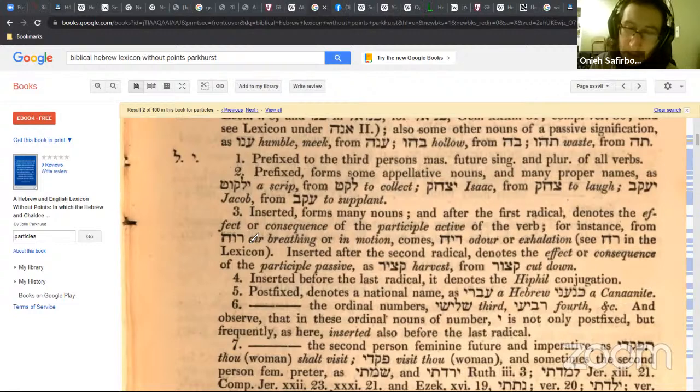And also it can be used to mean the passive participle. And it can be used to mean like an individual, like a Hebrew, Canaanite. You know how in English we say "ite"?